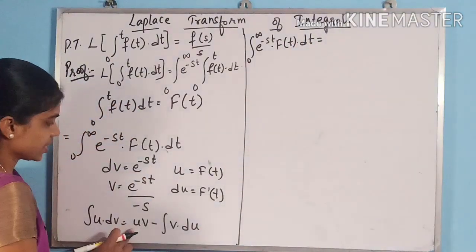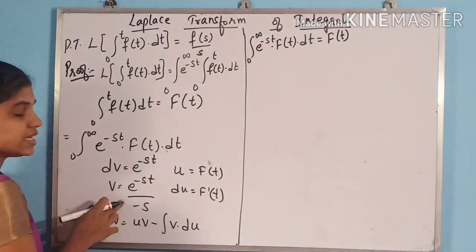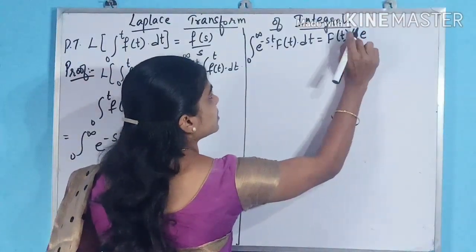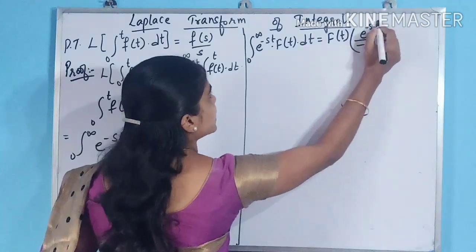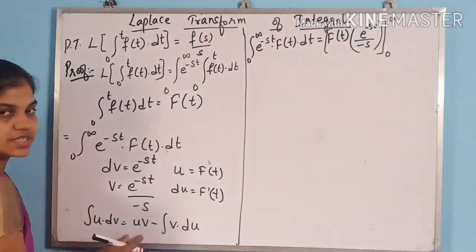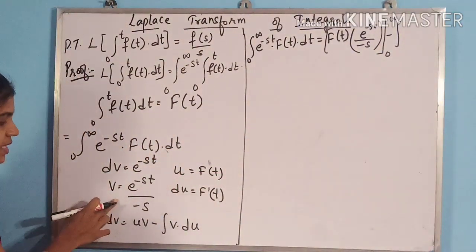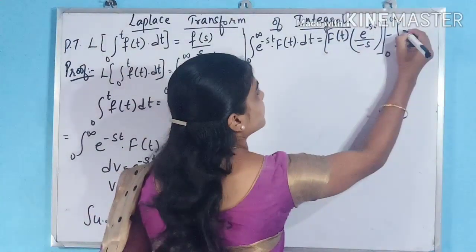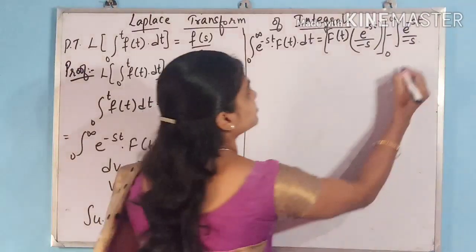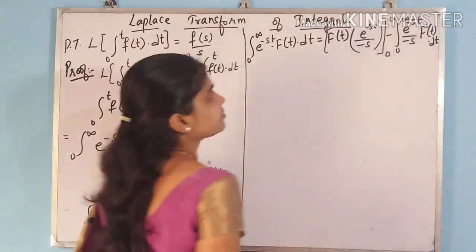This is equal to u is F of t into v is e raised to minus st by minus s, and I'm going to apply the limits 0 to infinity, minus integration of v, which is e raised to minus st by minus s, and du is F prime of t dt, from 0 to infinity.